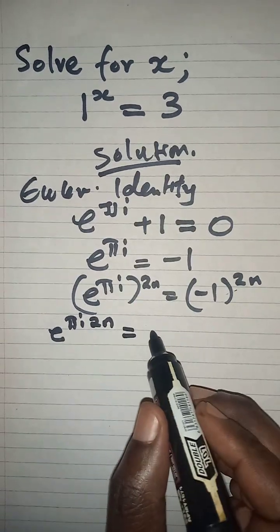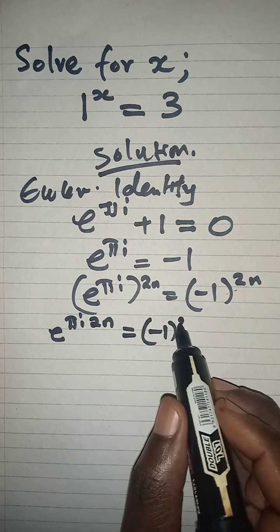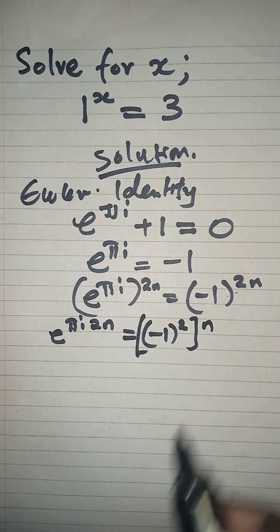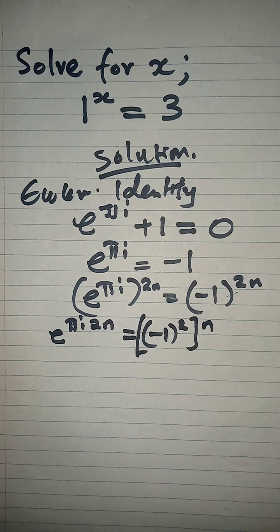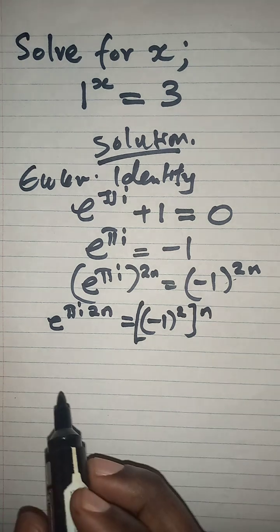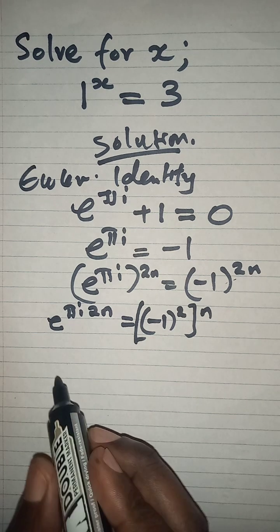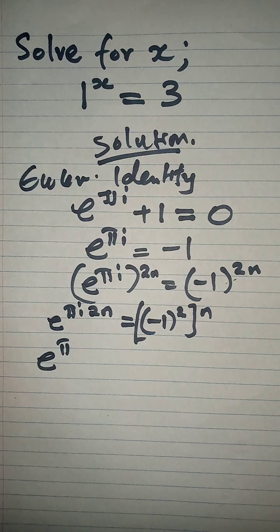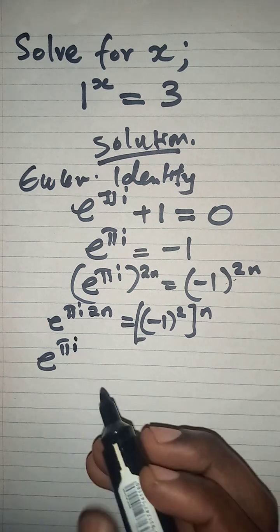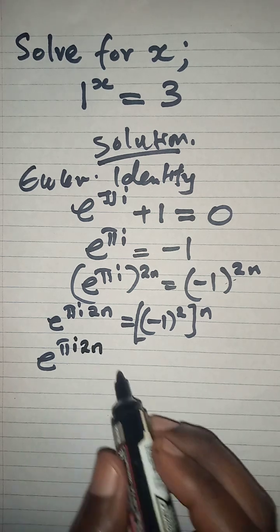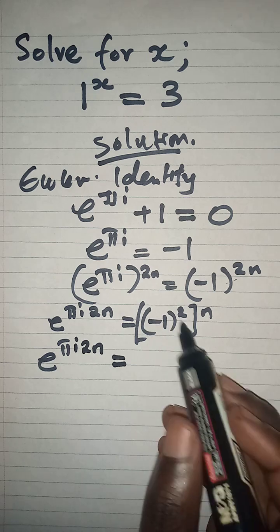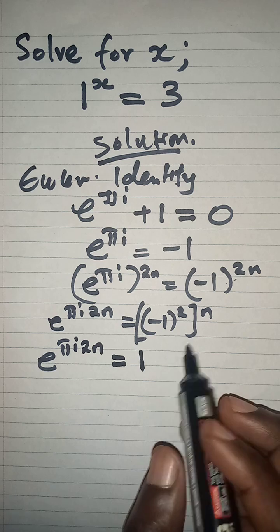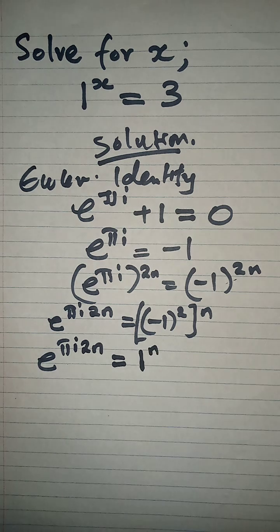On my left hand side I'll have exponential pi i multiplied by 2n, which is equal to, when you square a negative number, 1 raised to power n.